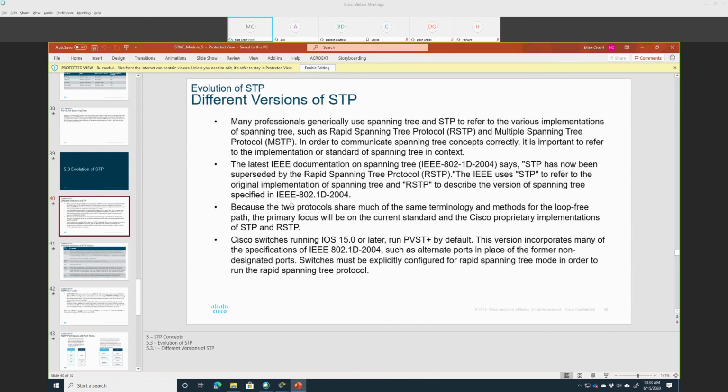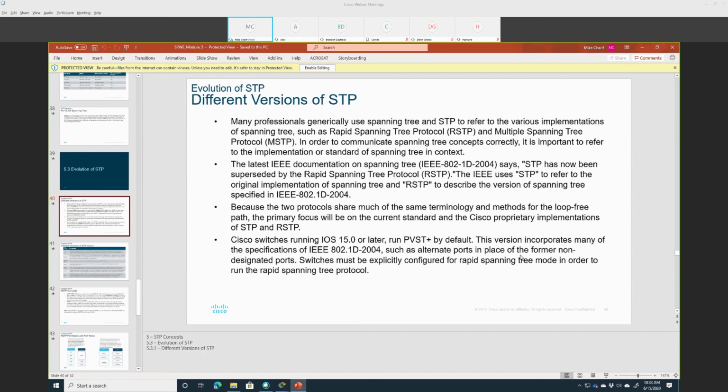So over here, this slide talks about the different versions, and you can change the version you want to use. It's good to have all the switches on the same version. Now, Cisco switches running IOS 15.0 or later run PVST Plus by default.